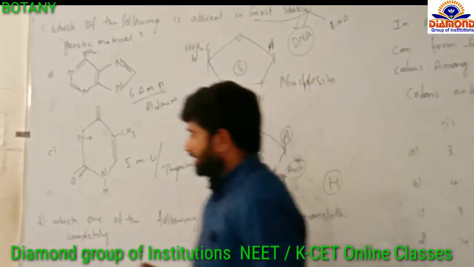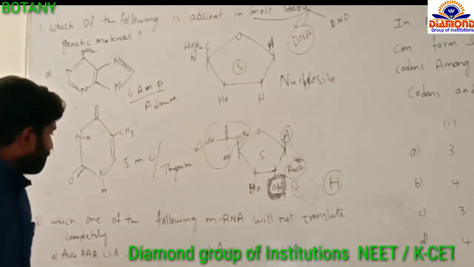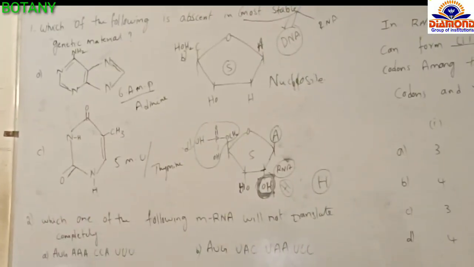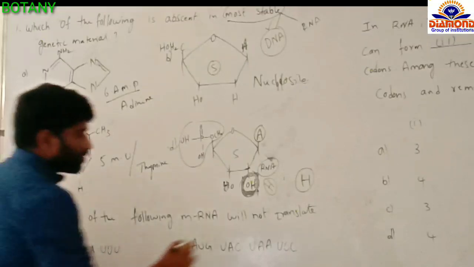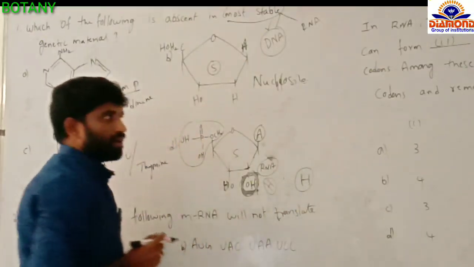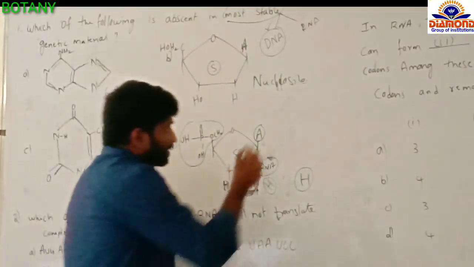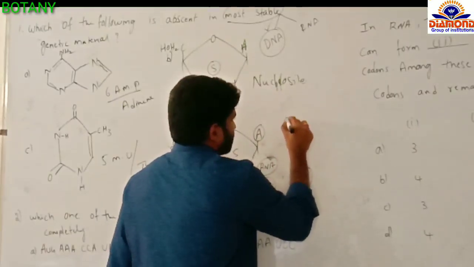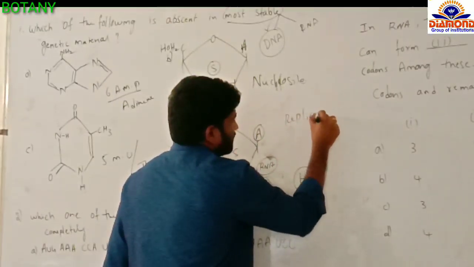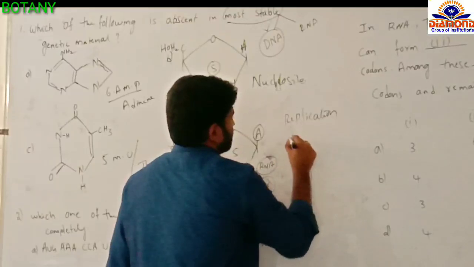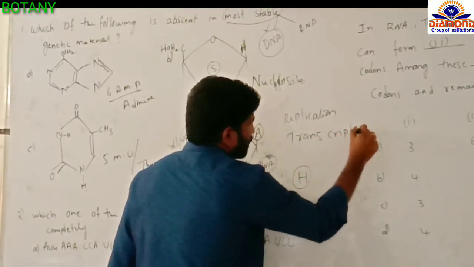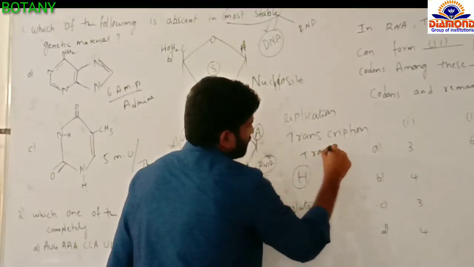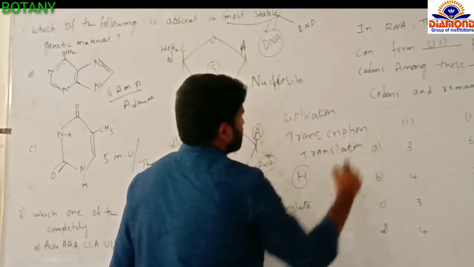The next one is: which one of the following mRNA will not translate completely? In molecular basis of inheritance we see replication, transcription and translation.